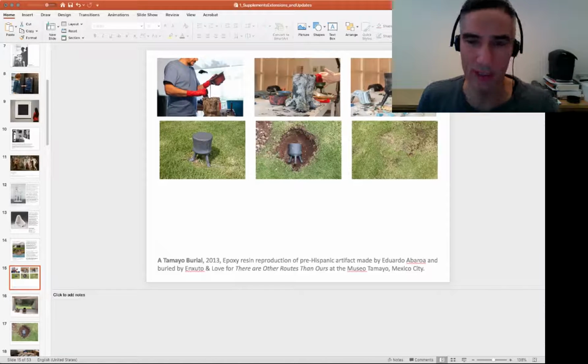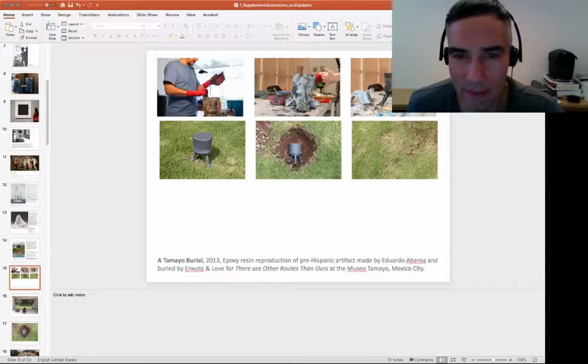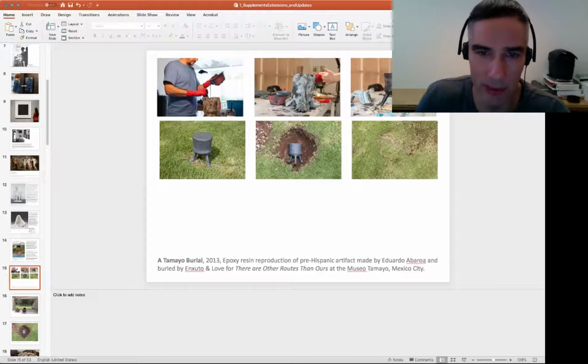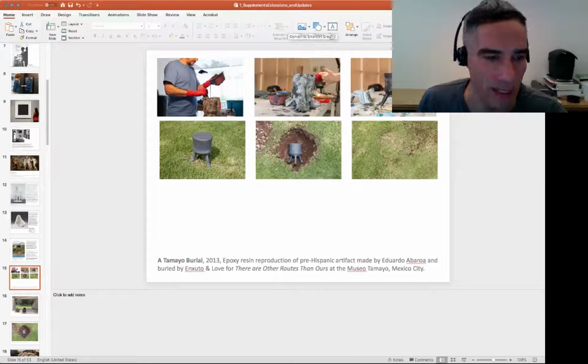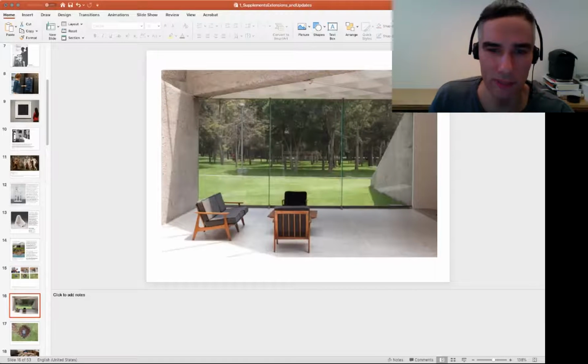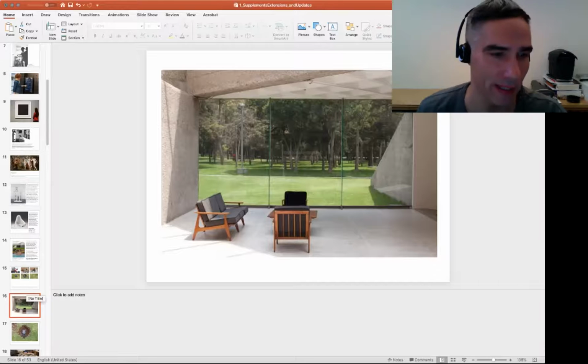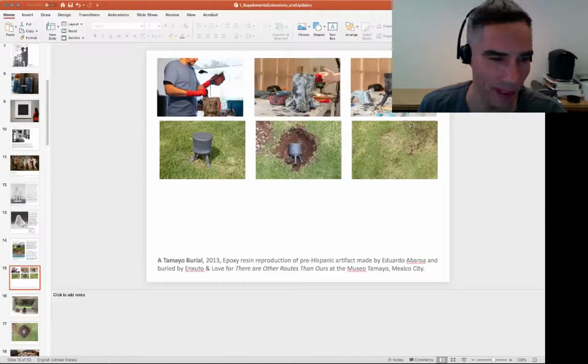We spoke to some curators at the museum, and we asked if we could take the one pre-Columbian vessel made in resin and bury it just outside of the museum. So it was still visible. You could see it through this glass where it was to be buried. And there it is buried.